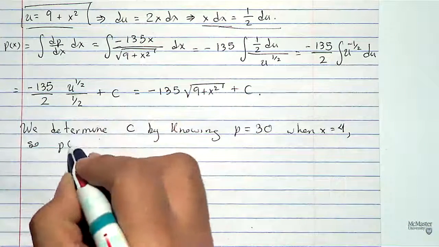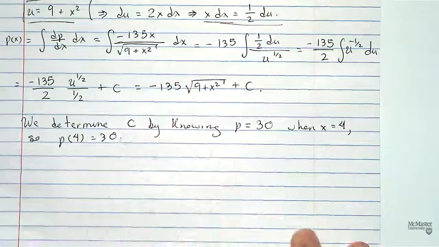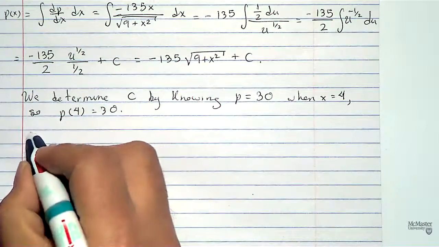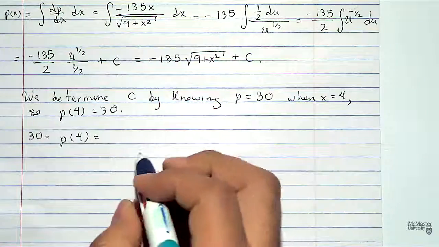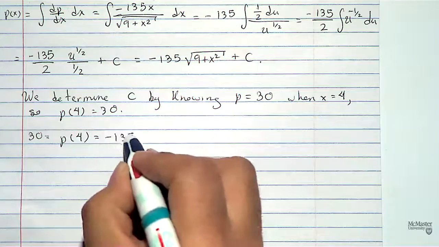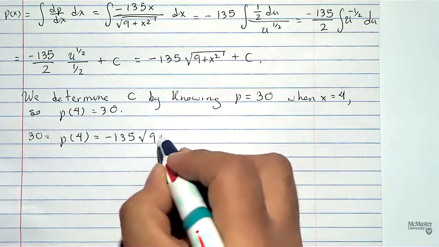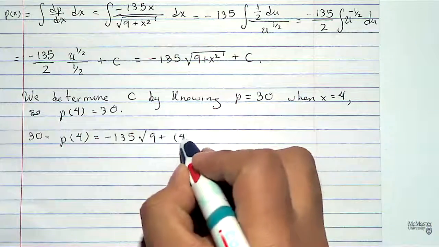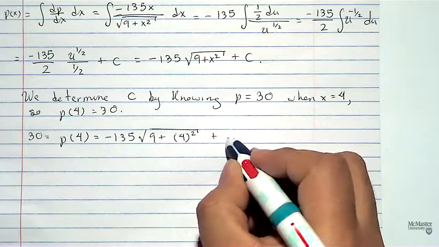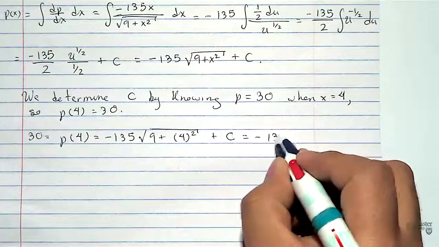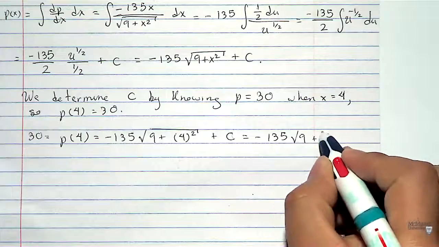So P of 4 is equal to 30. If I do the substitution, I have 30 equal to P of 4. Then I substitute minus 135 times the square root of 9 plus x squared, with x equal to 4, plus a constant c. So this is minus 135 of the square root of 9 plus 16.